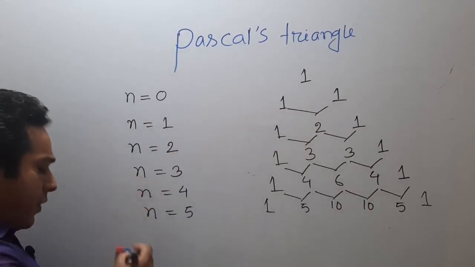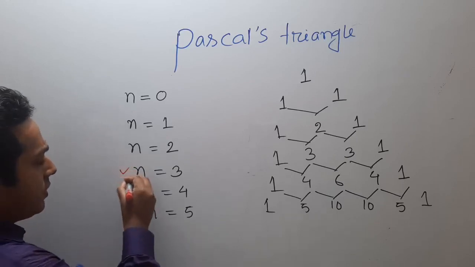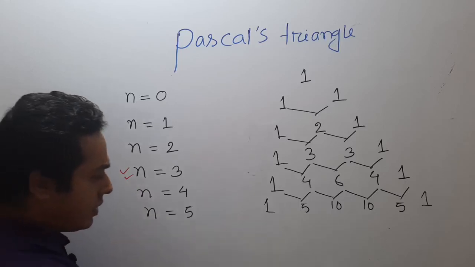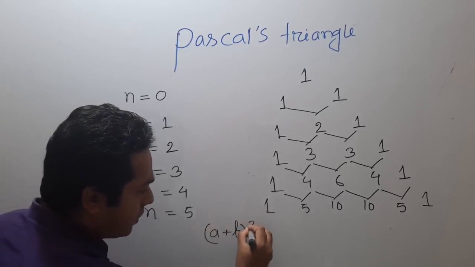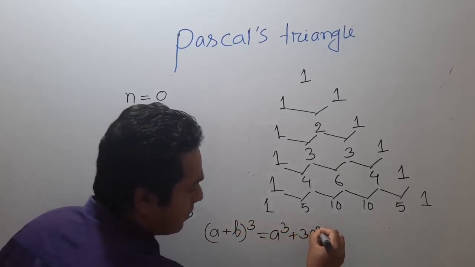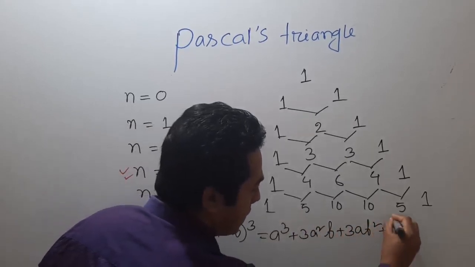Then for example, for n is equal to 3, we get (a plus b) whole cube is equal to a cube plus 3a square b plus 3ab square plus b cube.